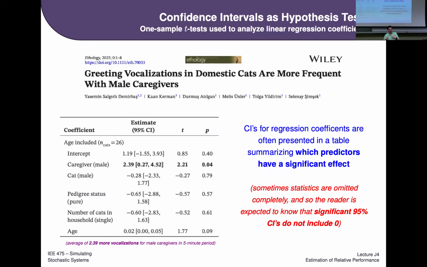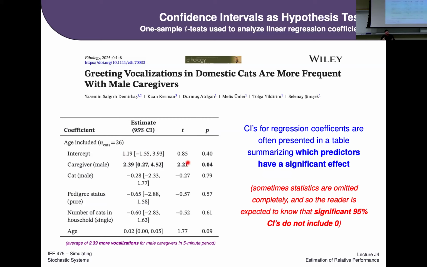The idea is if you have a male caregiver versus a female caregiver, on average, when the male caregiver comes in, the cat is going to have 2.39 more calls in that 5-minute period. And based on all the variance across all the caregivers and the 26 cats they studied, they said 2.39 might not be the actual average, but we're 95% sure the actual average is between 0.27 and 4.52.